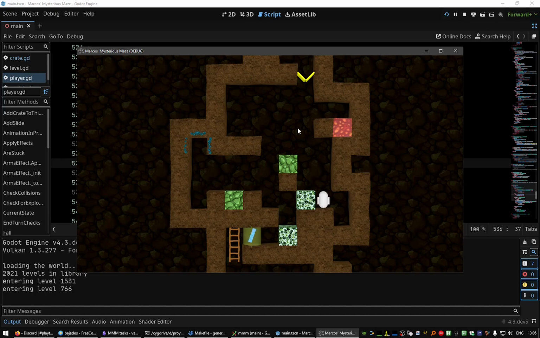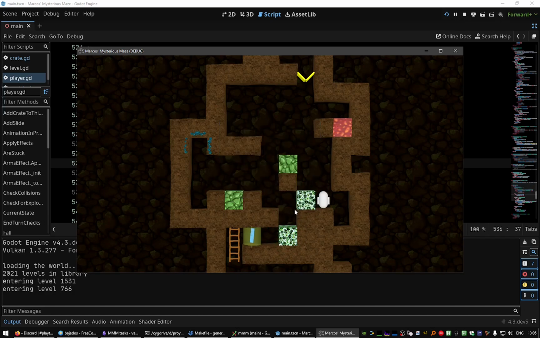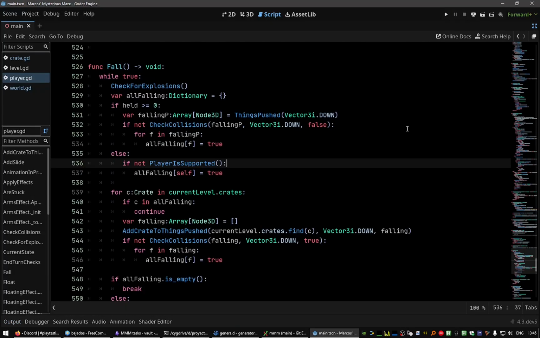If I press left here, the crates begin, as you notice, to radiate before falling, and I want to delay that. So let's do it.